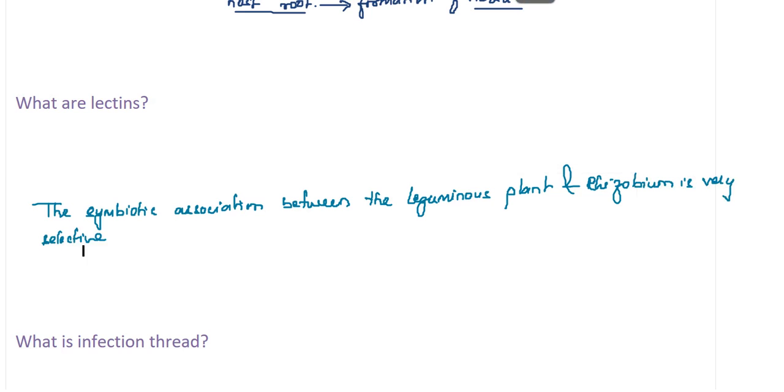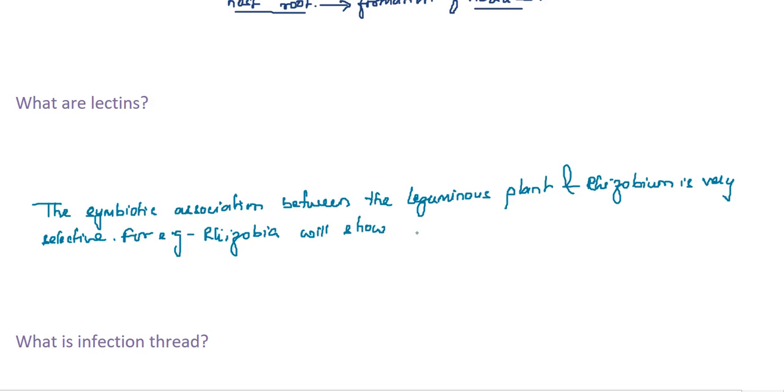For example, this rhizobia will only form the symbiotic association with pea plants and with no other legume species; they will not show the association with the soybean plant or the jack beans. They only show symbiotic association with pea plants only.